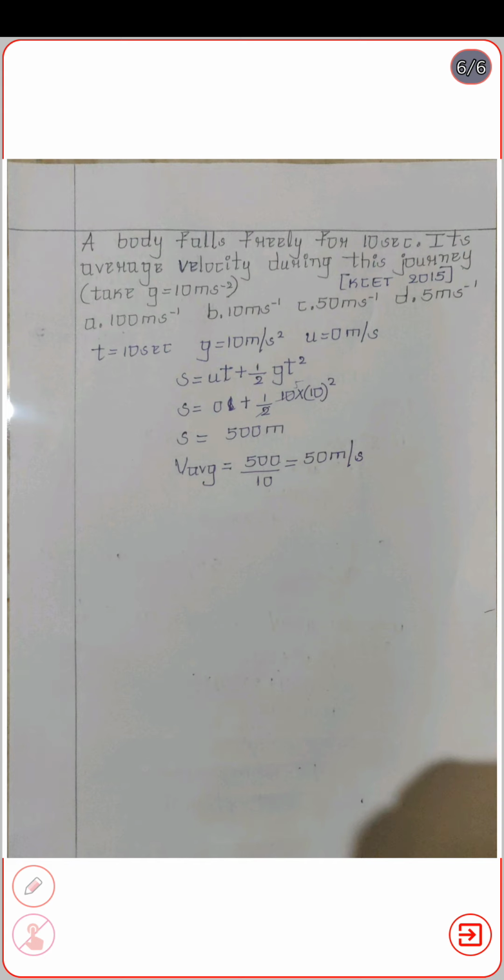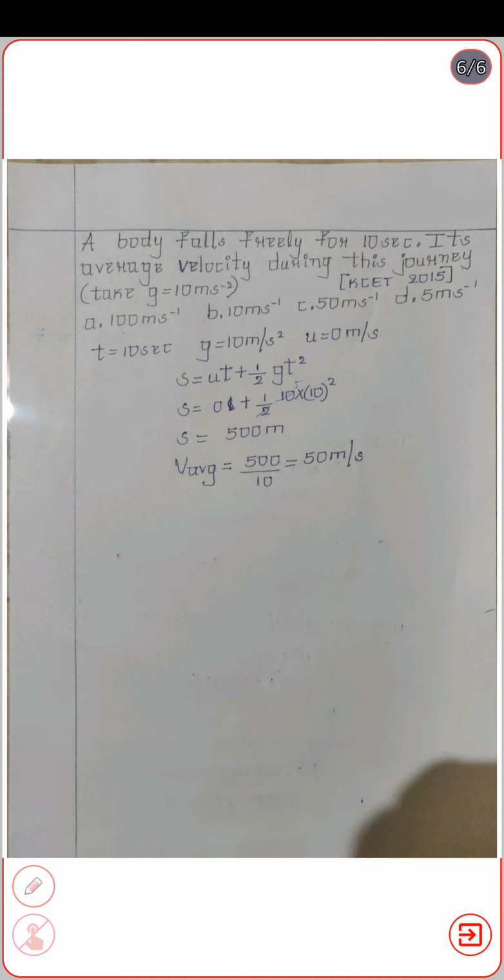Whenever you see the words, a body falls freely, you have to keep in mind that the initial velocity is equal to 0. This is the only thing you have to keep in mind, and then you can solve this question easily.